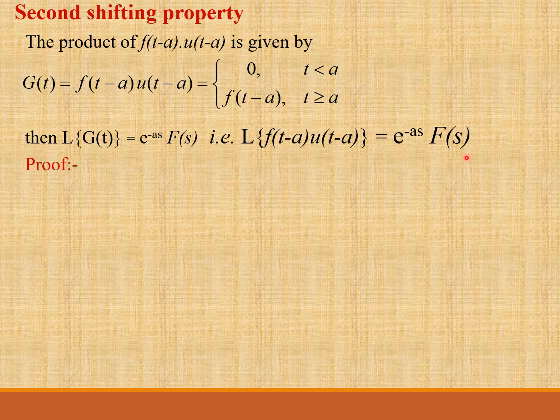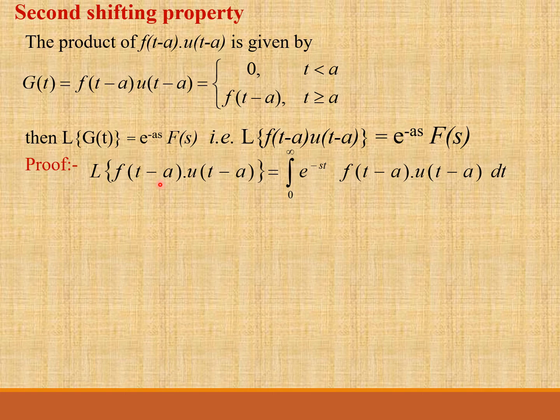Okay. So we'll start with the actual definition of the Laplace transform, which is the integration from 0 to infinity of e^(−st). Here we have to find the Laplace of f(t−a)·u(t−a).